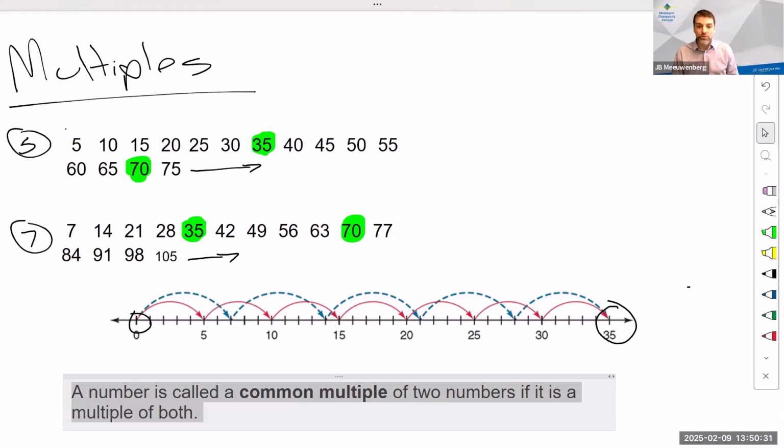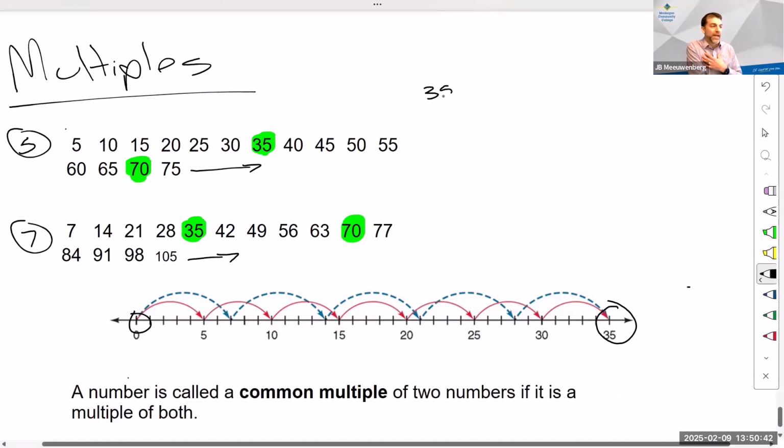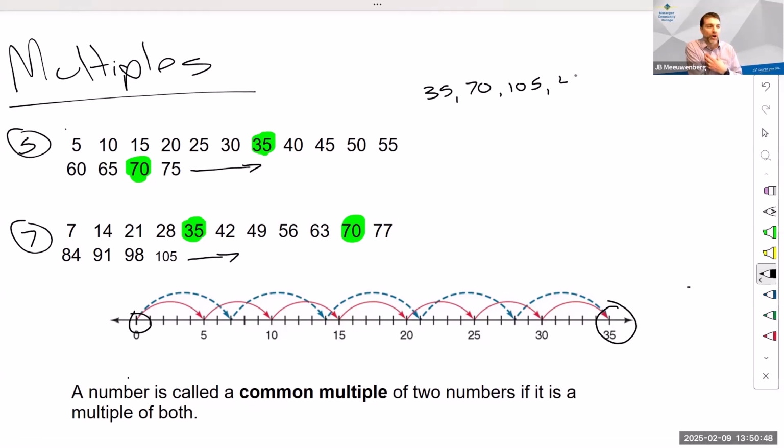And we could, again, keep going with those. But among that group of common multiples, and I'll even write some of the next ones, we had 35 and 70. If you just kept going, the next one we would get to would be 105, and then 140, and then 175. And again, it would keep going.